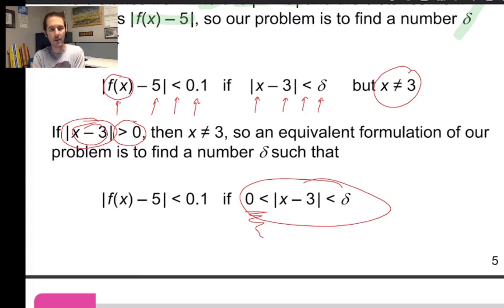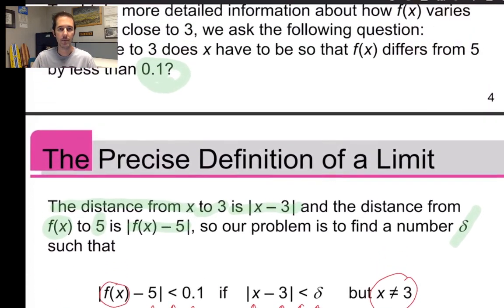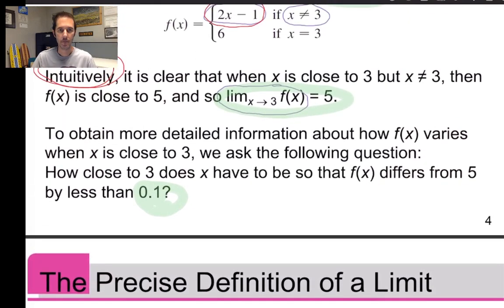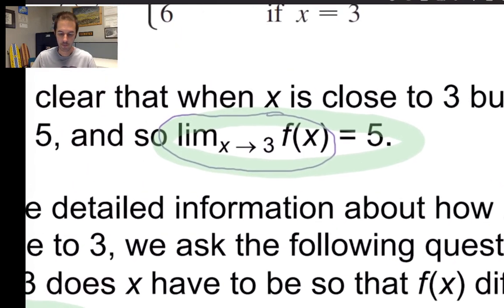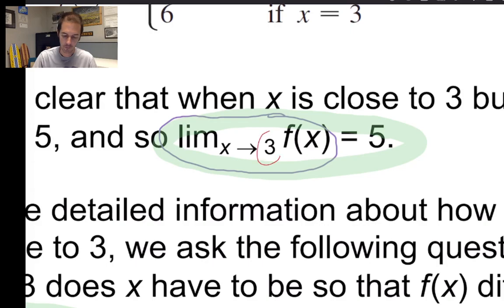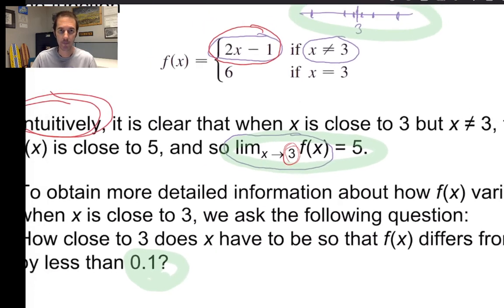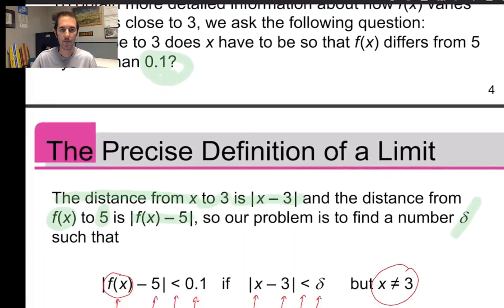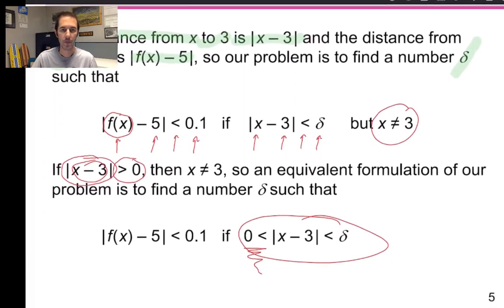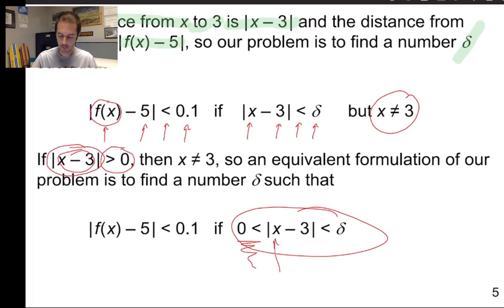So now we know that the difference between our chosen x values and this 3, the 3 that our x values are approaching, is within delta.